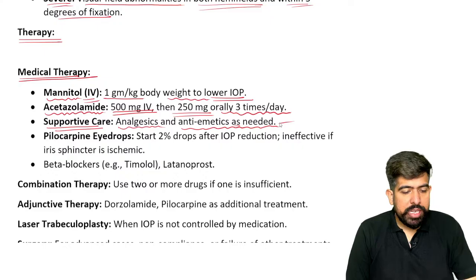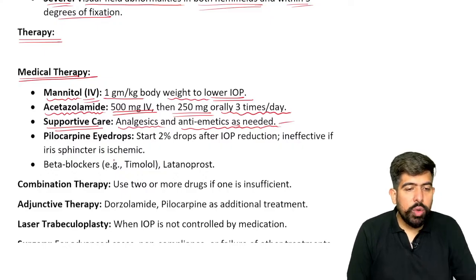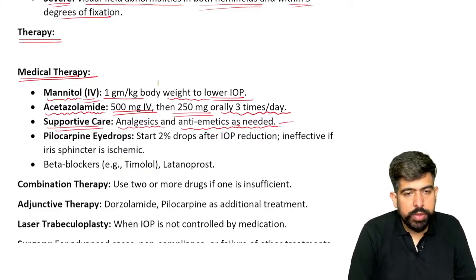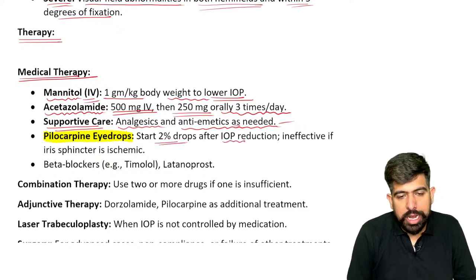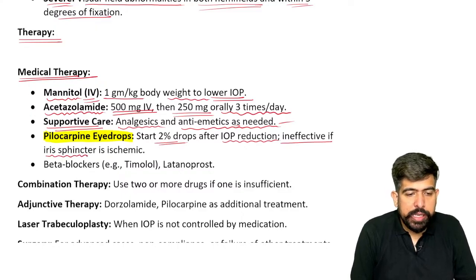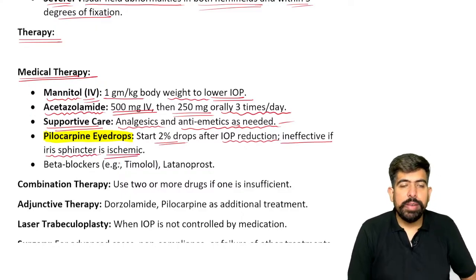Now, moving forward to the next one, we have to give pilocarpine. We have to give the pilocarpine eye drop and start with the 2% drop after the IOP reduction, and it will be effective if there is iris sphincter ischemia, right?